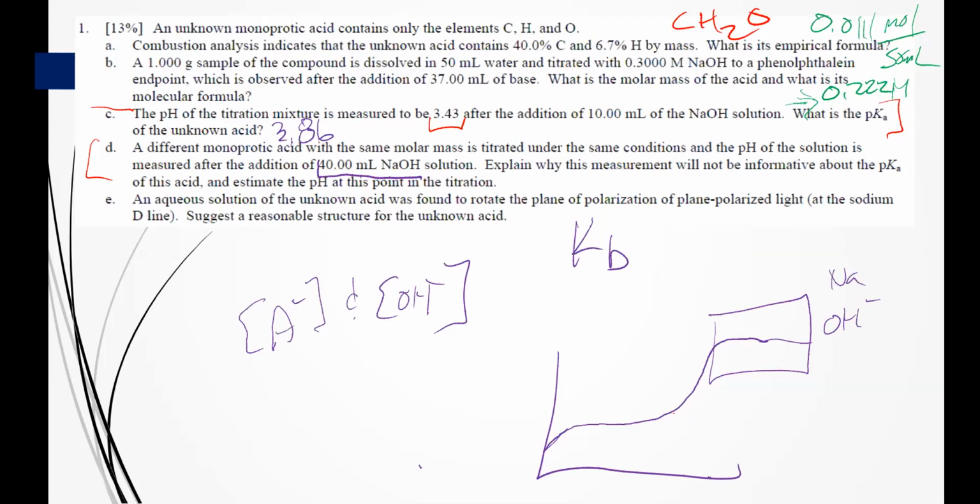So we know that we have 3.00 milliliters of our sodium hydroxide left over. It's got a concentration of 0.300 molar. And we know now that this whole solution has a volume of 90 milliliters.